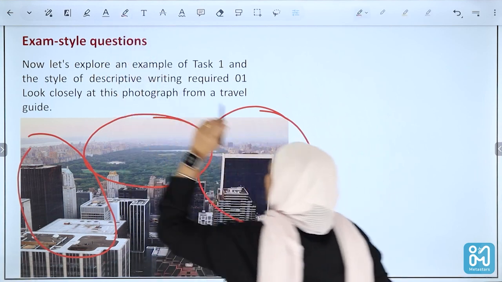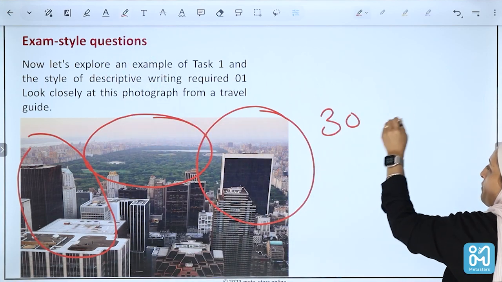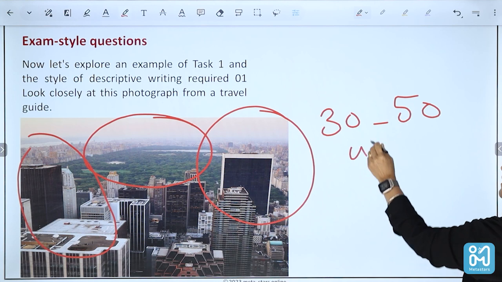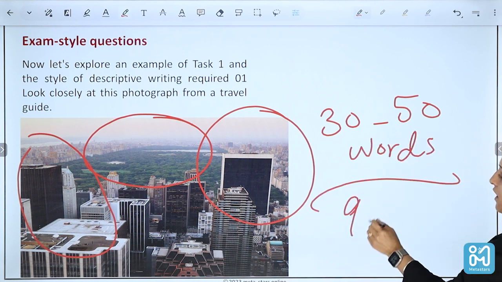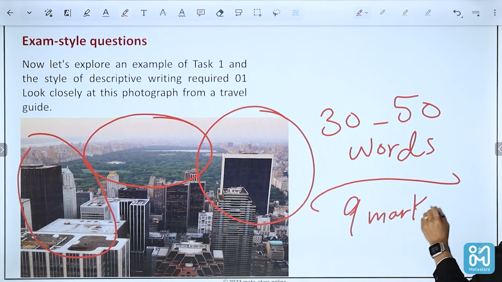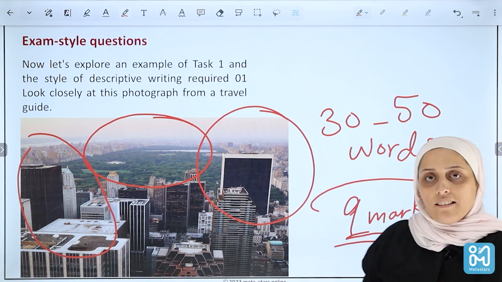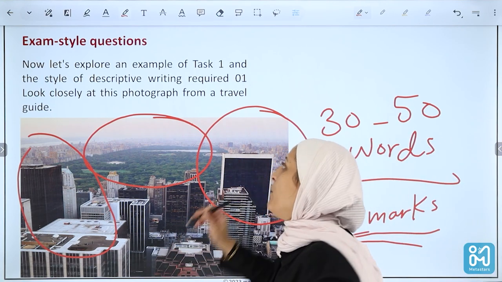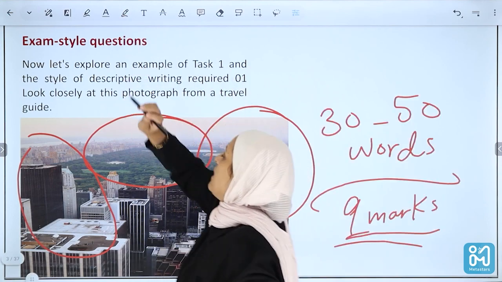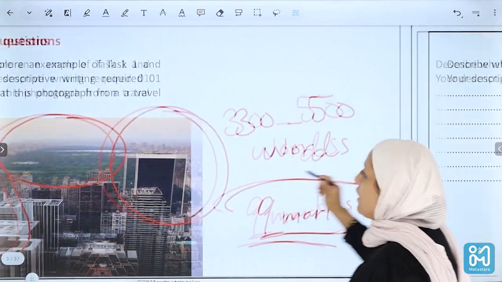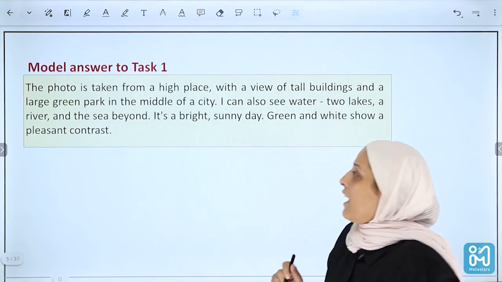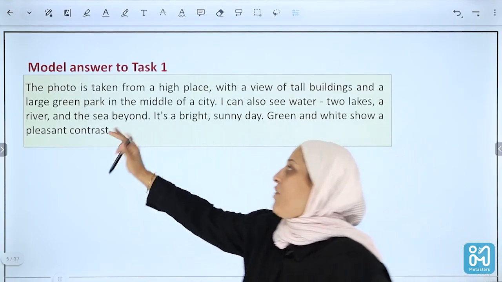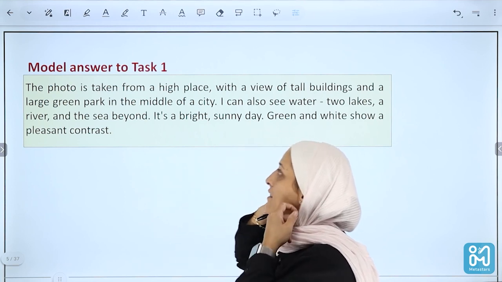So I have to write between 30 to 50 words and of course 9 marks for this task. Let's have a look at the sample that we have and then we will see if we are doing right in this or not.